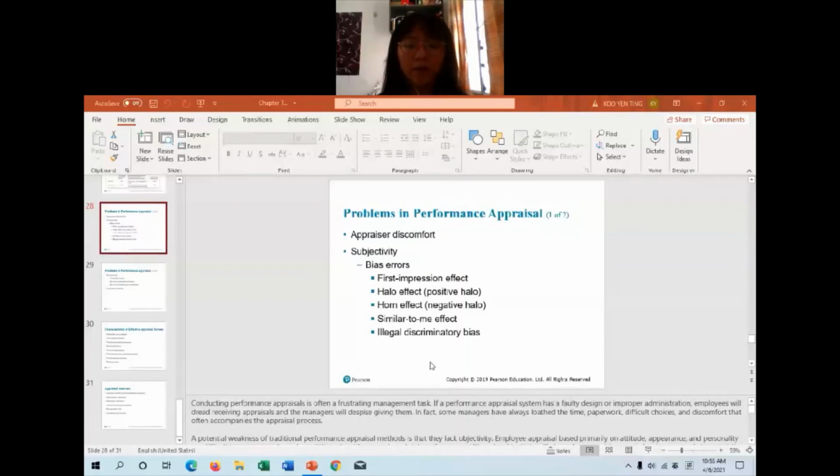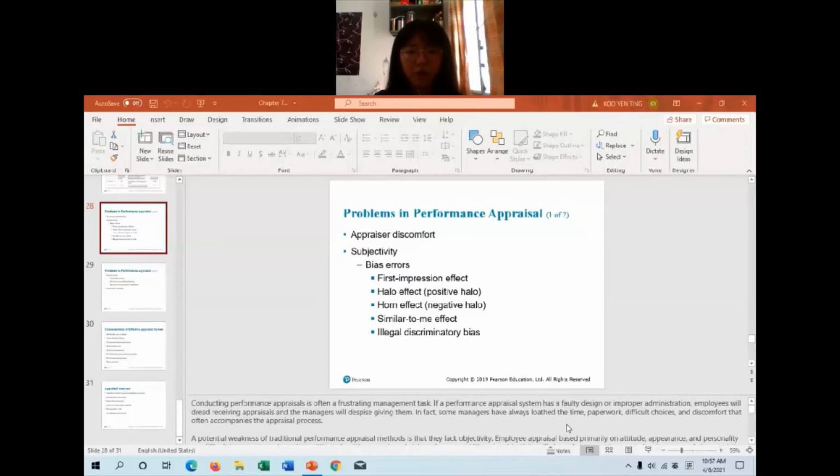Now I would like to talk about problems in performance appraisal, which is appraisal discomfort. Some managers always allocate time to paperwork and avoid difficult choices that make their employees uncomfortable. Bias error happens when the rater evaluates the employee based on personal negative or positive opinions of the employee rather than on the employee's actual performance.